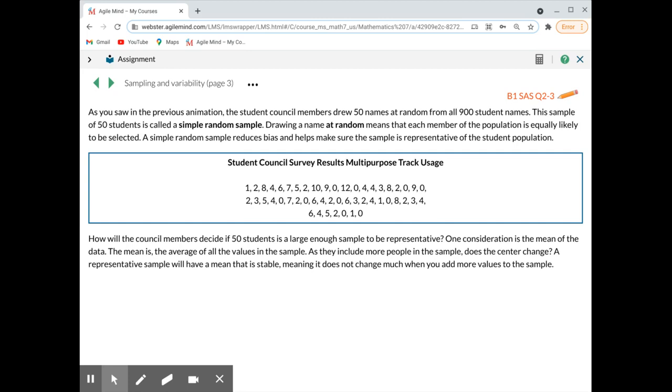What is a statistical sample? So after studying this student survey example that we're looking at, I want you to write a definition that communicates precisely what it means to sample a population when collecting data to answer a statistical question.